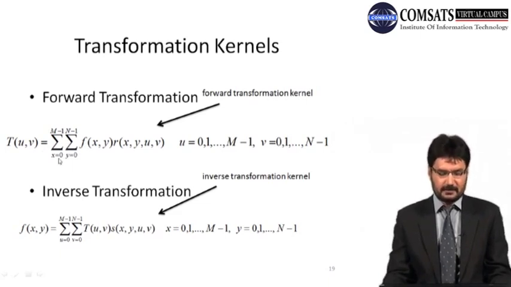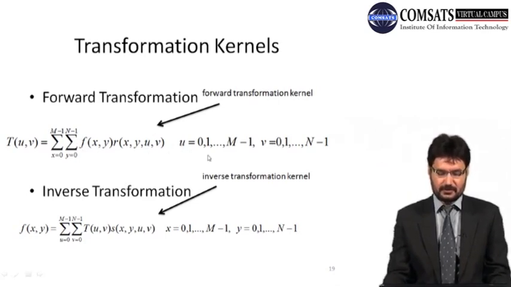That's why the summation starts from x equal to 0 till m minus 1, and y equal to 0 till n minus 1, and then we have the forward transformation kernel that we normally use.